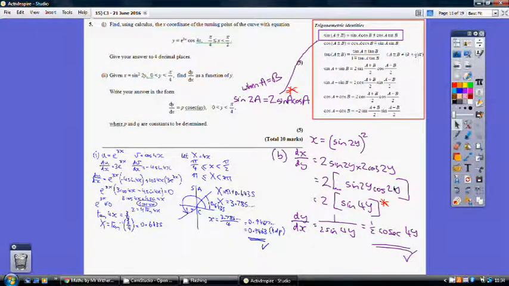Now using the double angle formula, we can say that sin 2a equals 2 lots of sin a cos a. So sin 2y cos 2y is sin 4y over 2. So that's the big step here. So dx/dy is 2 lots of that. Now just flipping that over, inversing that, we get dy/dx being 1 over 2 lots of sin 4y, which is half cosec 4y.